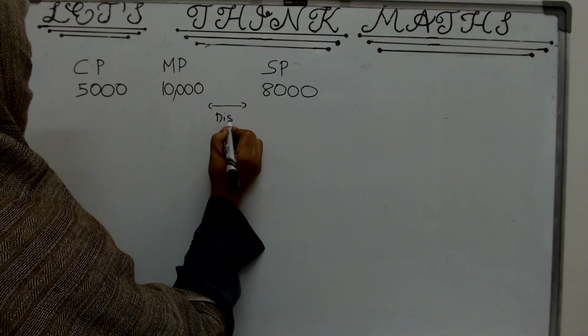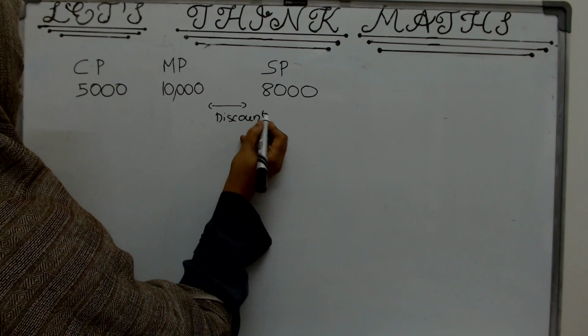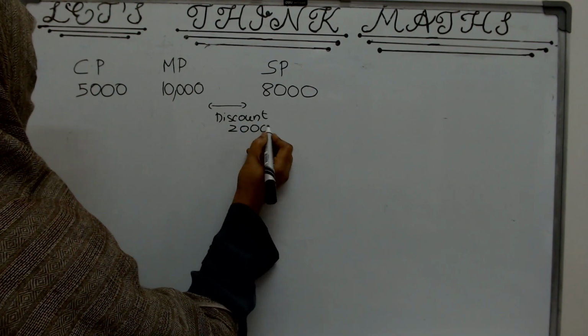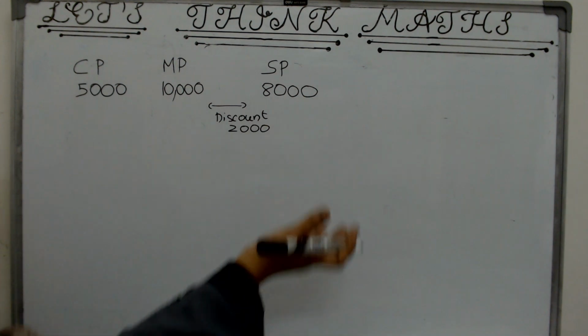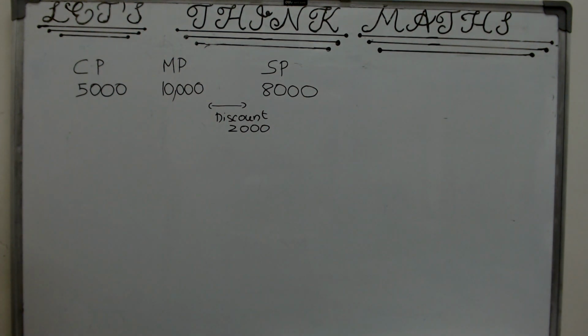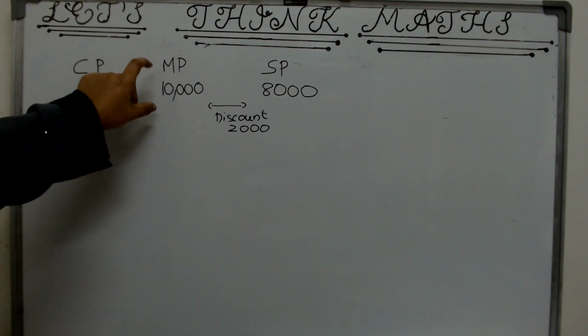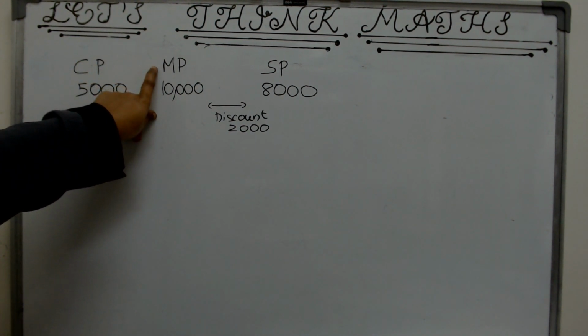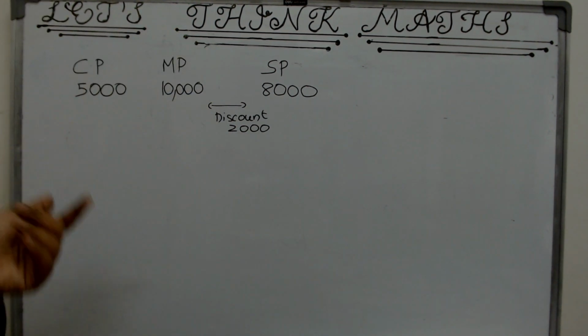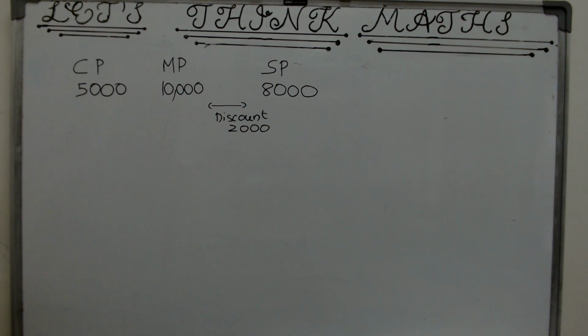I am giving you a discount of 2,000 rupees, which means you just have to pay me 8,000 rupees. So look at the customer, he is happy. He is thinking that I am buying something which is worth 10,000 for just 8,000. So the customer is happy, the shopkeeper is also happy, he has got his profit.